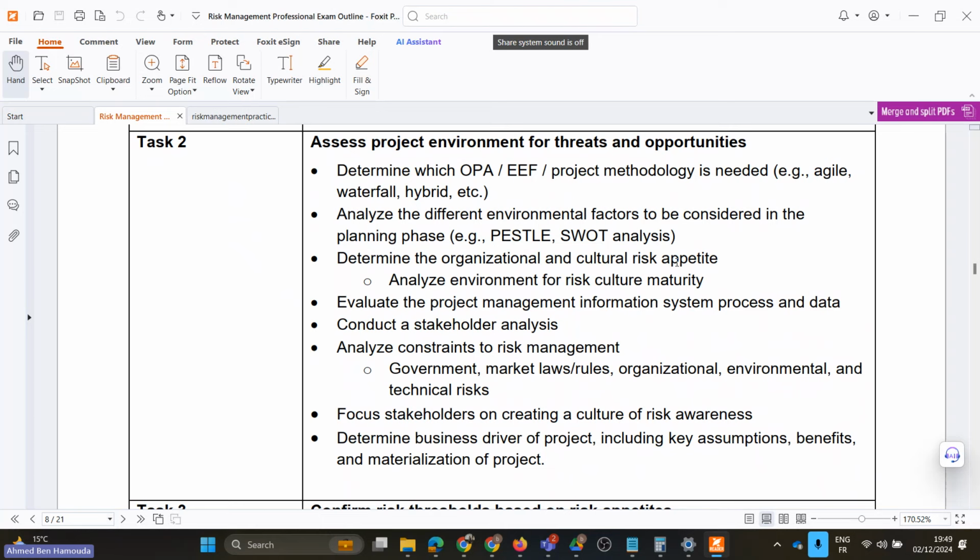Now, through my experience as a project management trainer and expert, I noticed that the appetite for risks can also be influenced or impacted by the culture of the country where the company is.